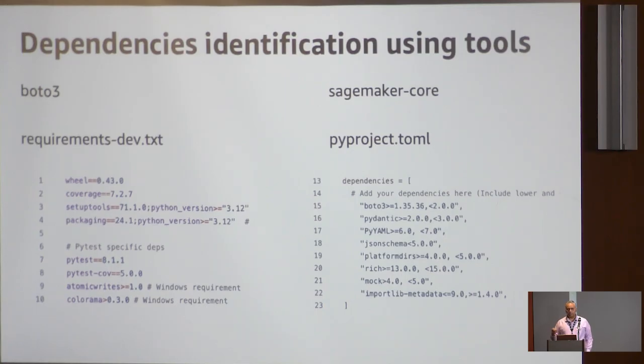Now, there are different ways of identifying dependencies. The easiest way would be when you are downloading, say, a project from GitHub, or you have pulled it from PyPI or NPM or whatever language you are using.